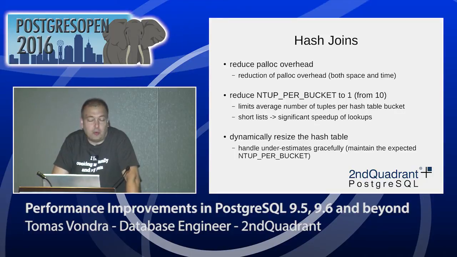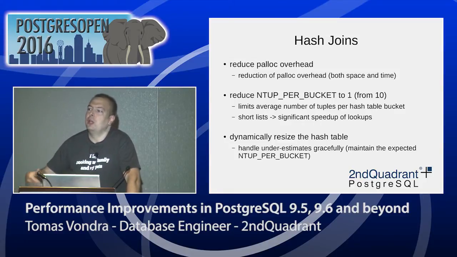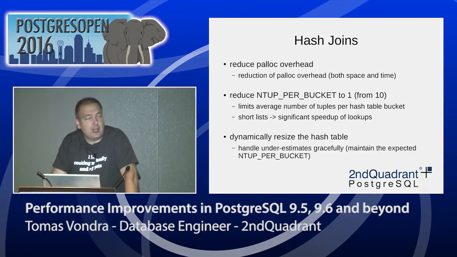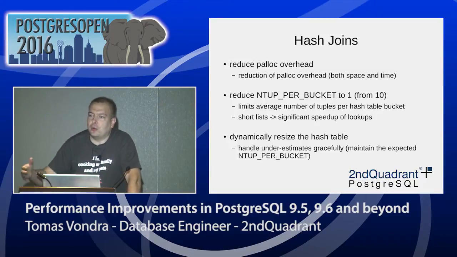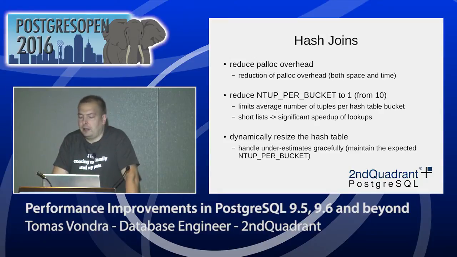And so what we have done in 9.5 is we have changed the sizing of the hash table to actually use a single entry in each bucket. And we have also enabled dynamically resizing the hash table based on the input data, right? So we are not limited by the initial estimate, but when running the query, we can resize the table based on how many groups we actually get.